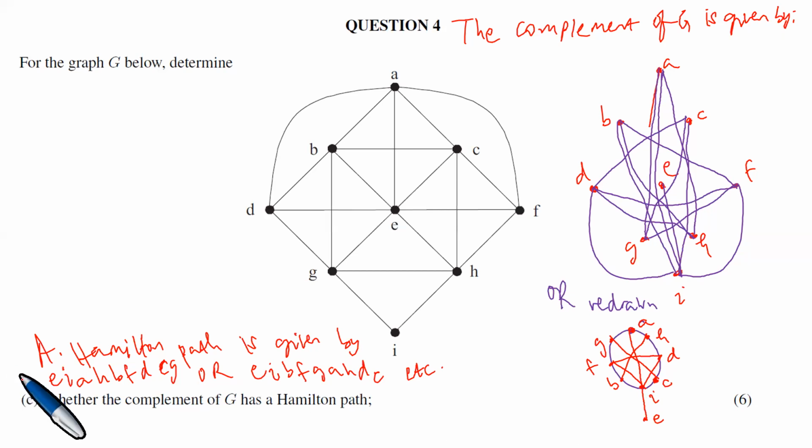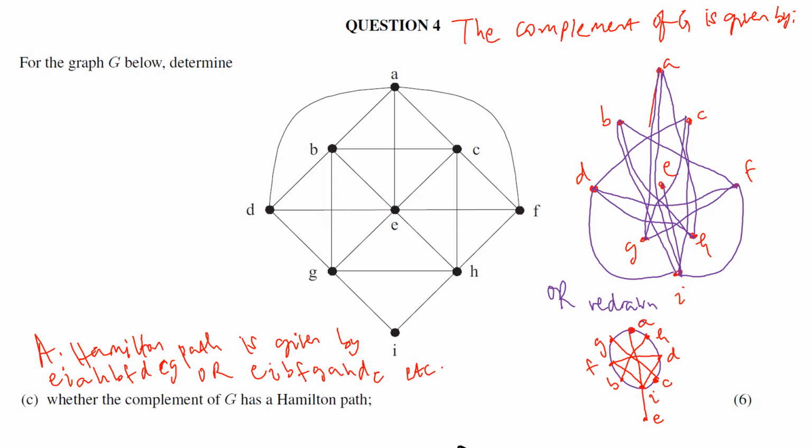Right, so obviously it's a Hamilton path because it begins from E and it ends at G, but it has passed through all the vertices. So now whether the complement of G has a Hamilton path, the answer is yes. The complement of G most certainly has a Hamilton path.